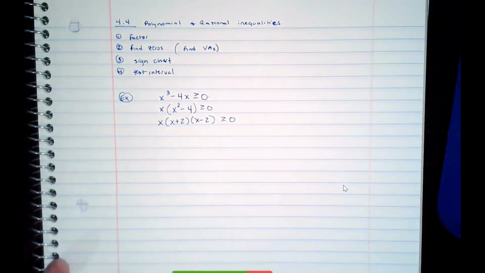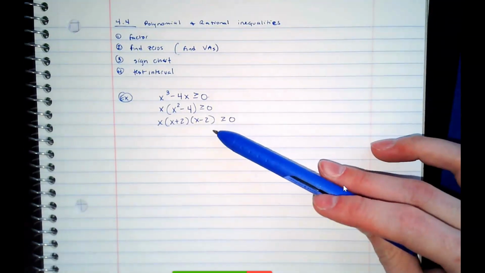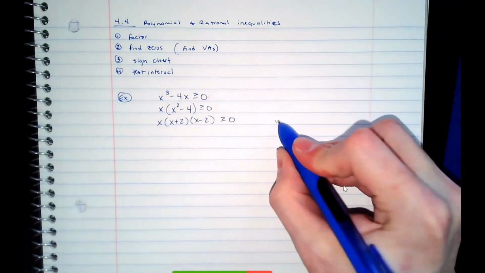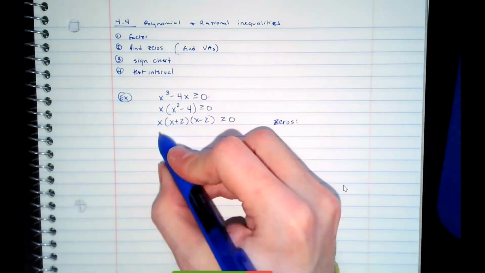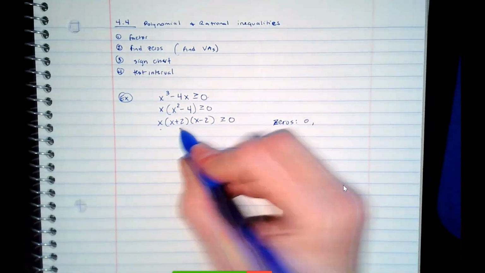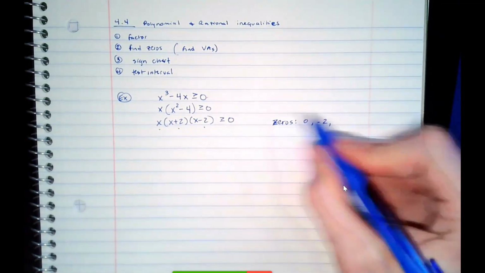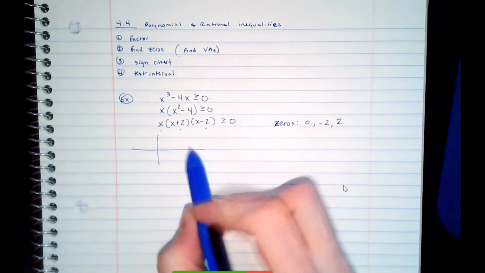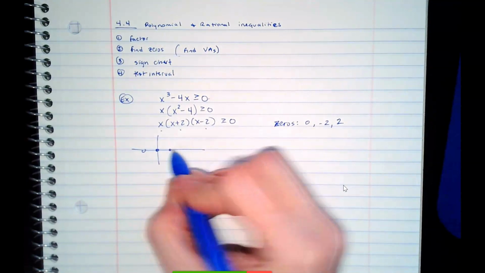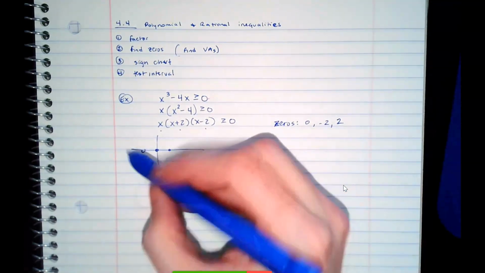So now that we have this polynomial in factored form, we think to ourselves, where are the zeros? They would be at 0, -2, and 2. So if we think about a graph, this polynomial is only going to cross the x-axis in those places.